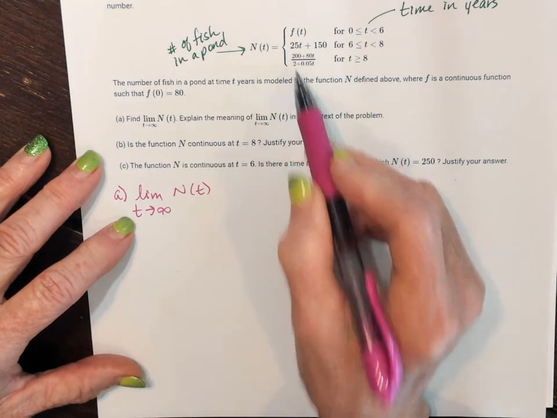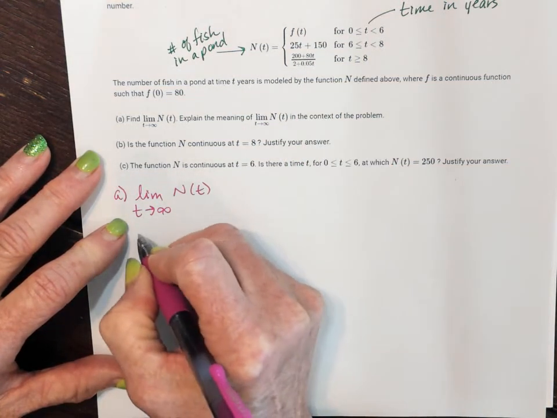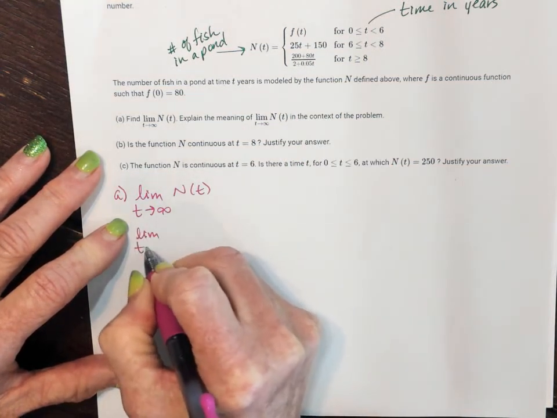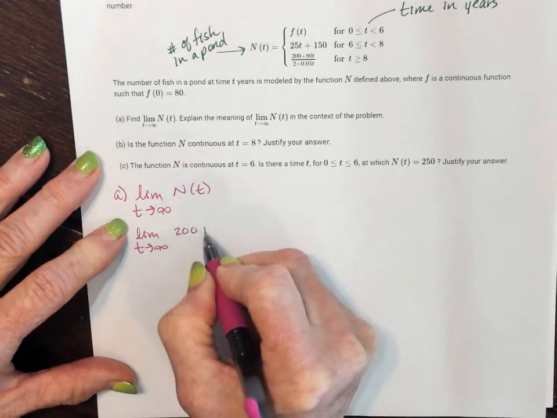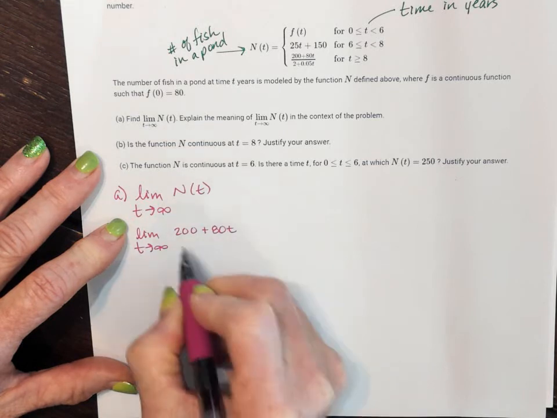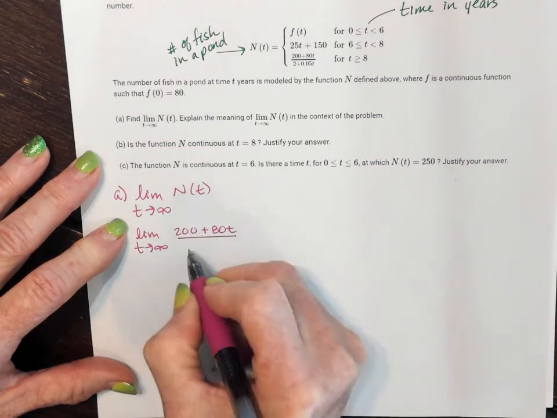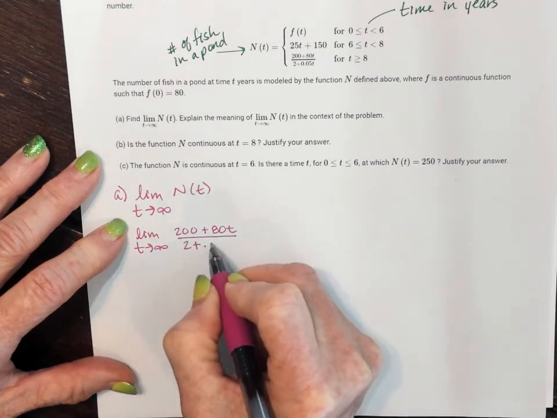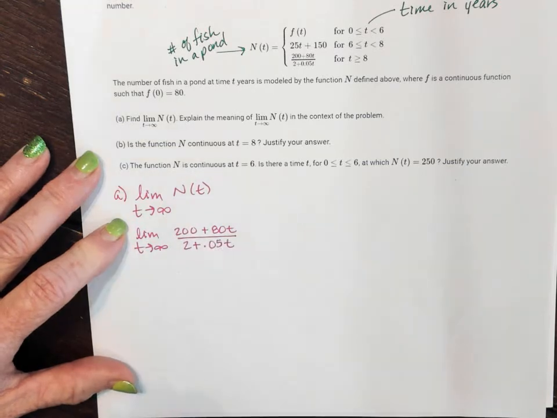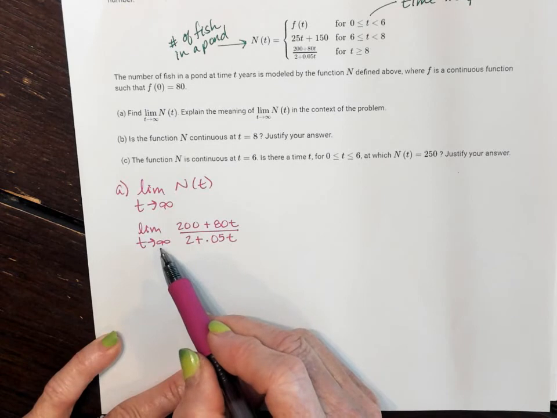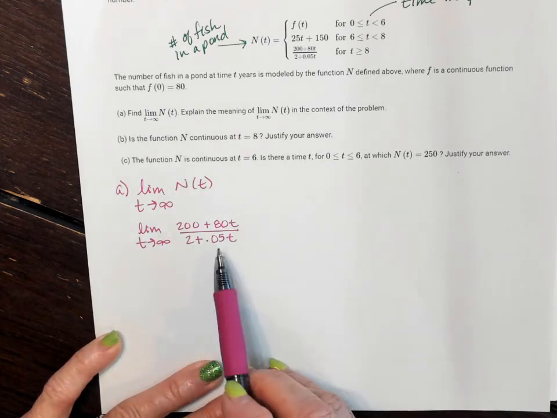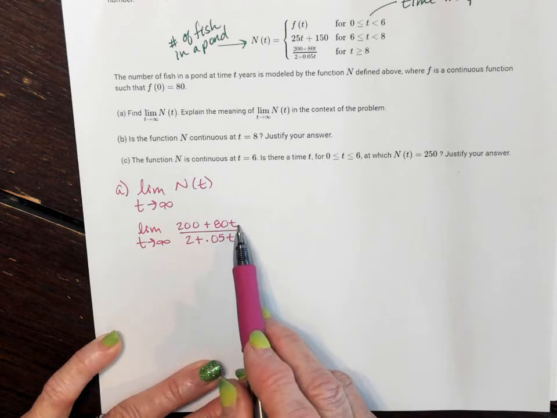So we are looking at finding the limit as t approaches infinity of 200 plus 80t over 2 plus 0.05t. To find a limit as t approaches infinity here, we can just take the fraction of the leading coefficients, since the degree of the numerator is exactly the same as the degree of the denominator.